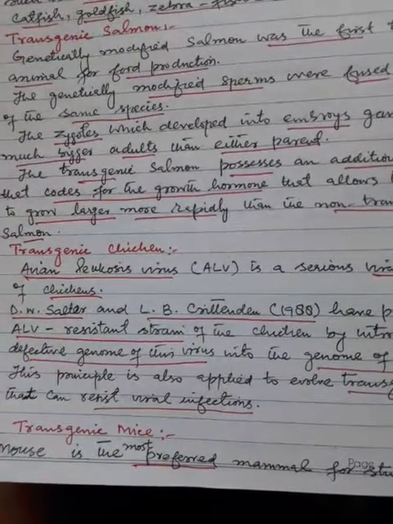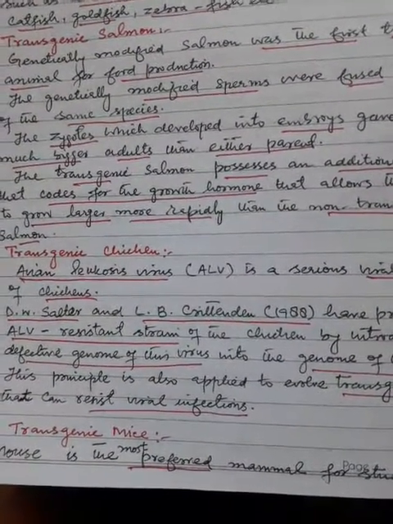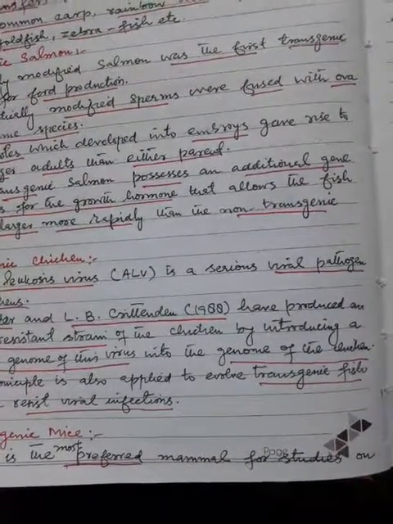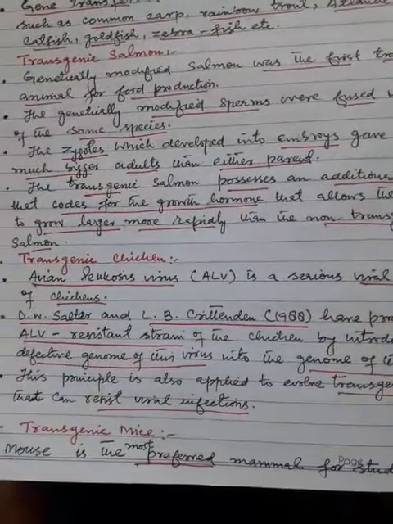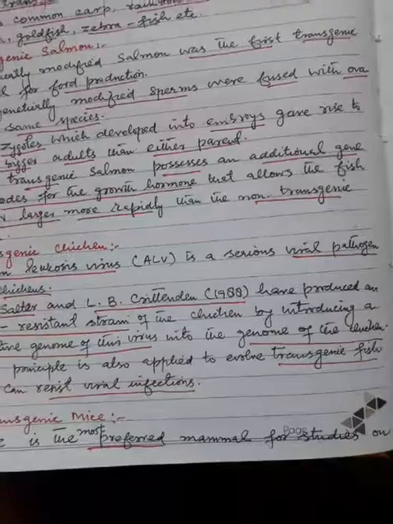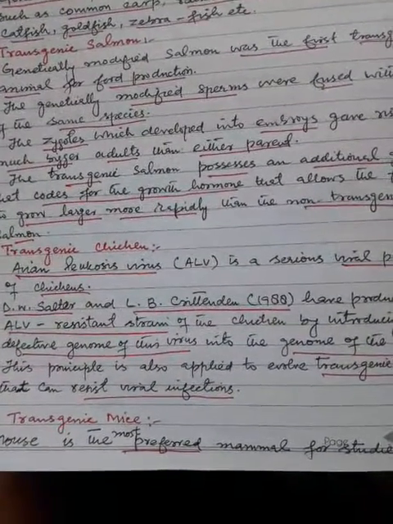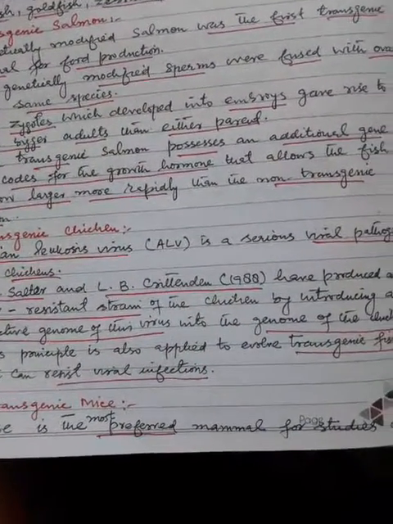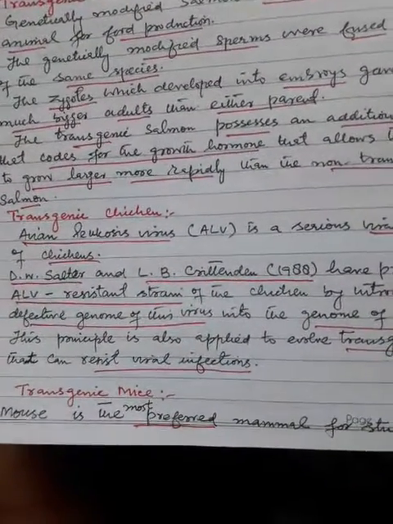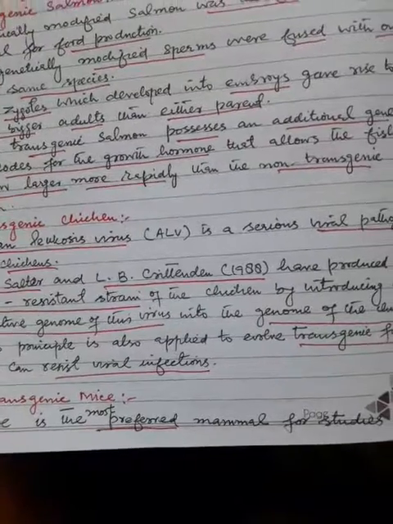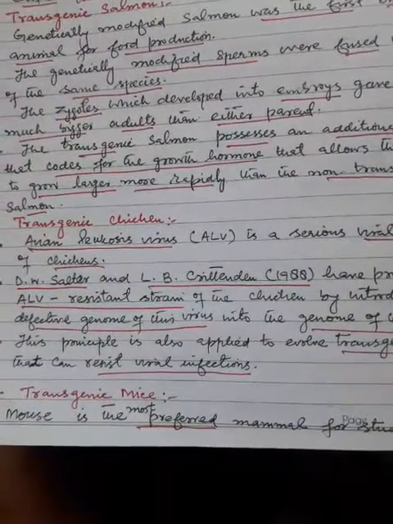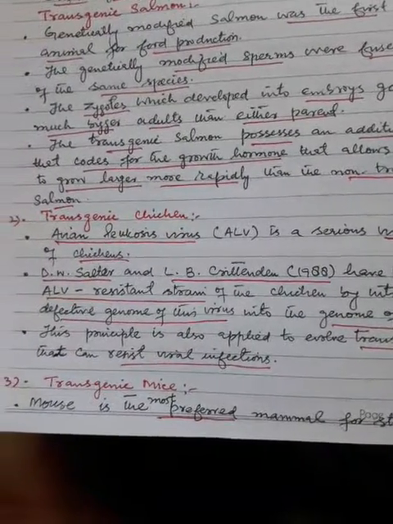D.W. Salter and L.B. Crittenden in the year 1988 produced an ALV resistant strain of the chicken by introducing a defective genome of this virus into the genome of the chicken. This principle is also applied to evolve transgenic fish that can resist viral infections.